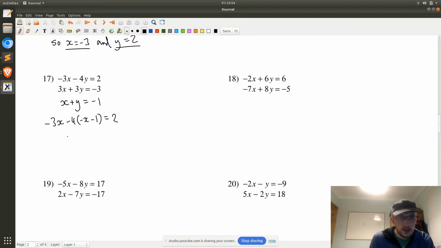And x is minus 2. And how about y? Well, that would be 1. Likewise, divide the top by negative 2, and then use x equals 3y, take 3.